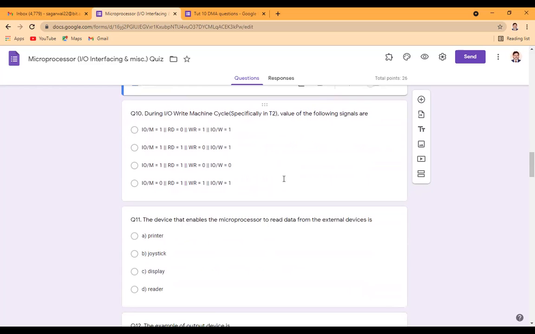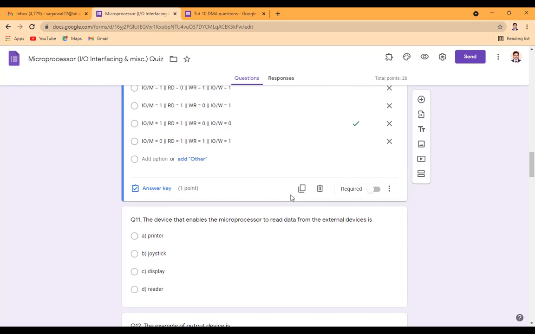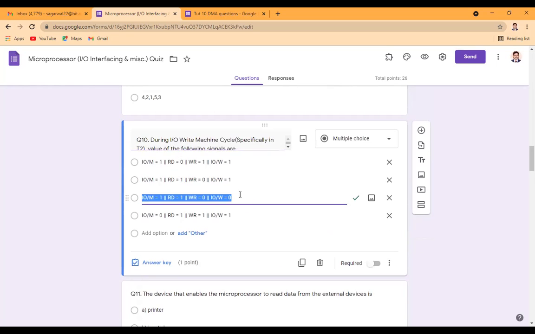During the input-output write machine cycle, specifically in the second T state, what will be the values of the signals? Whenever we are doing input-output write, IOWR must be 0, write must be 0, read must be 1.